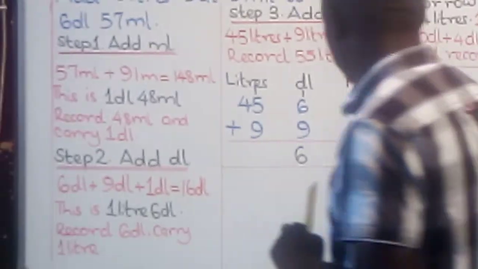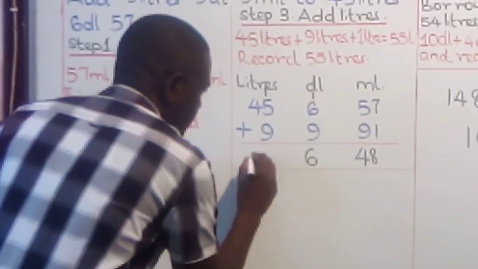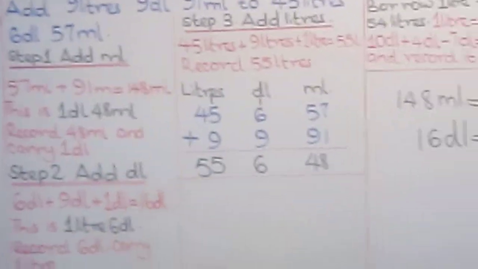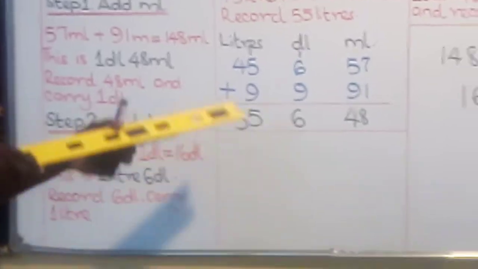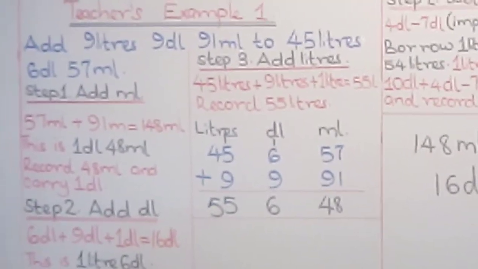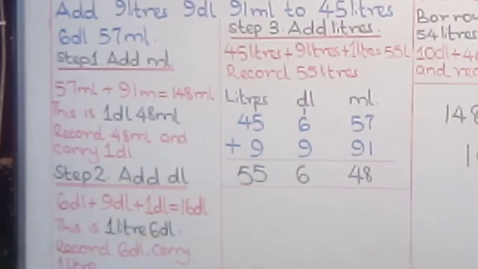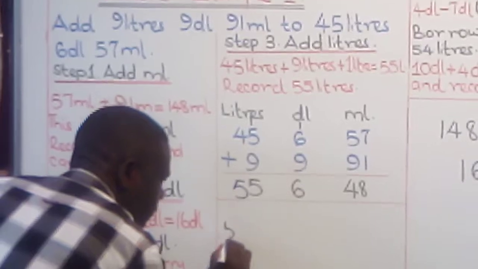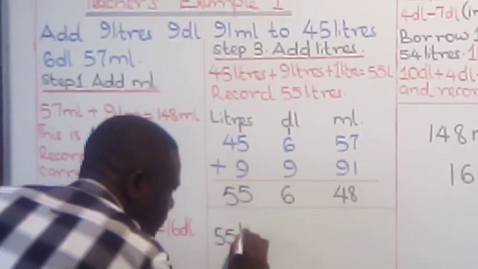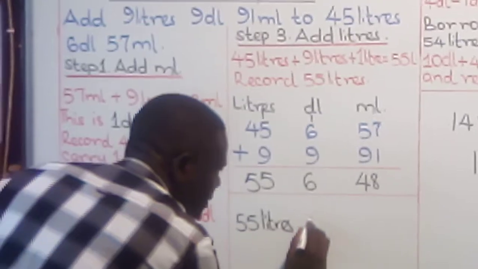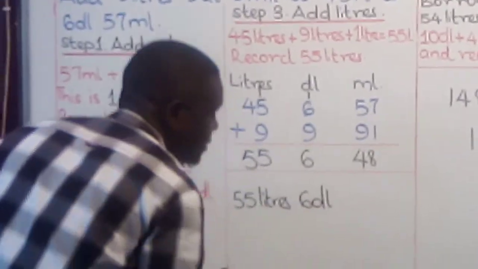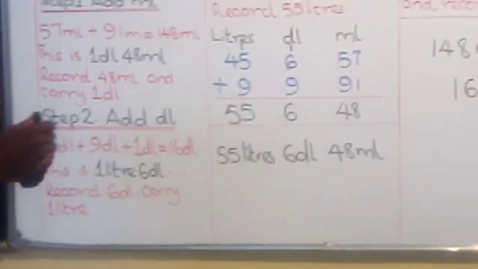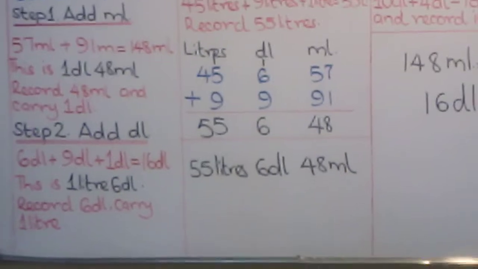We record 55 liters. So our answer will be 55 liters, 6 deciliters, and 48 milliliters. That will be our answer, boys and girls.